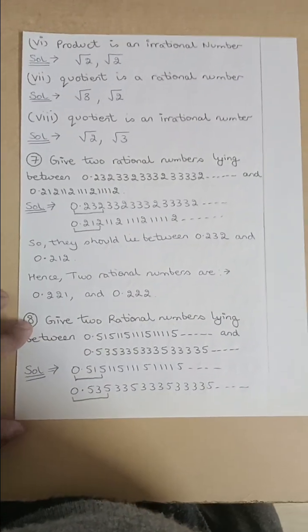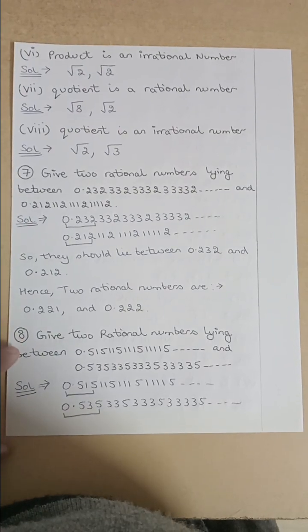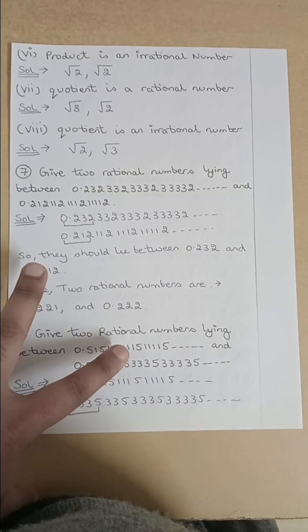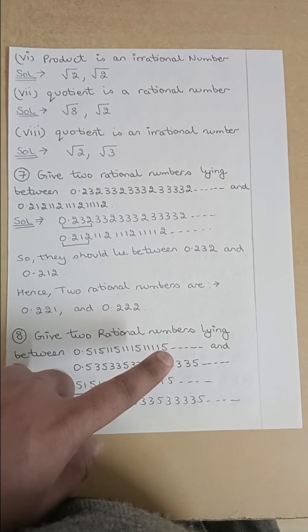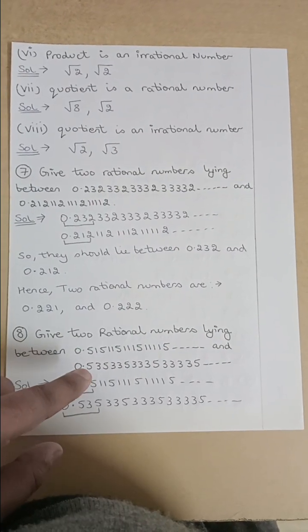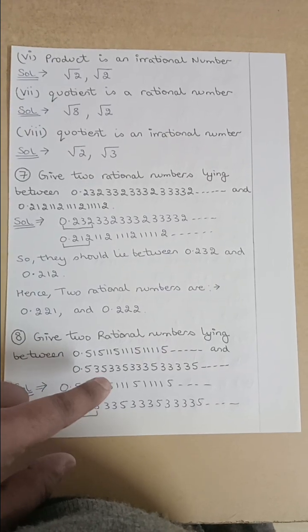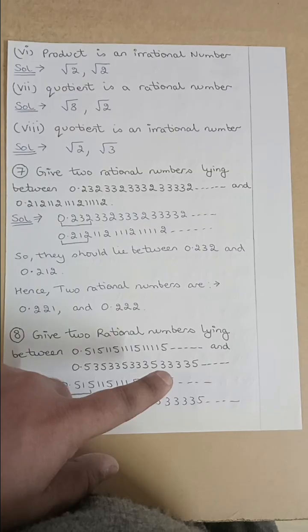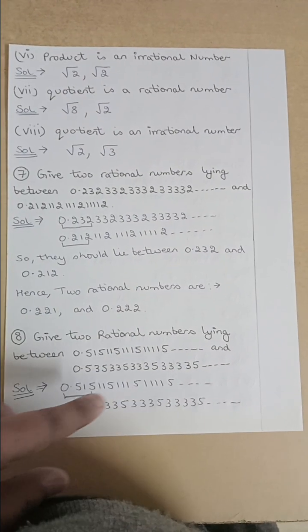Eighth, give two rational numbers lying between 0.51, 511, 5111, and so on, and 0.535, 5335, 53335, and so on.